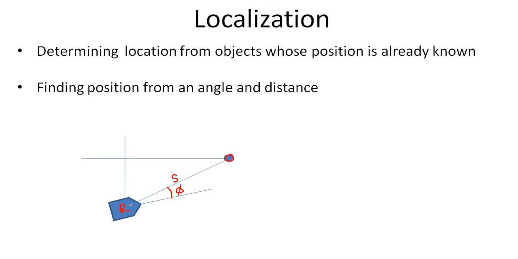It works by emitting laser light and calculating the time of return of this light, and then calculating the distance S. And let's say we also have some kind of sensor that can calculate the angle between this object and the front axis of the robot, or the heading, you can say.